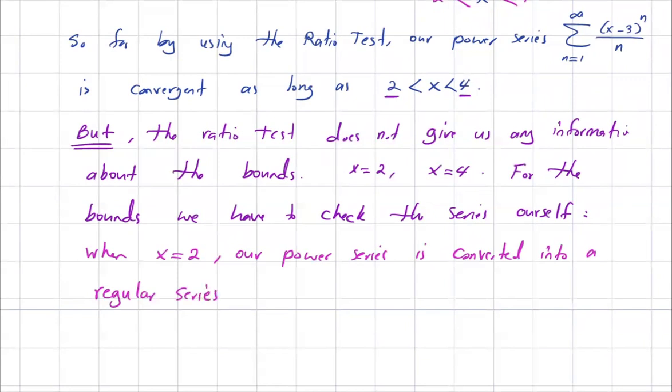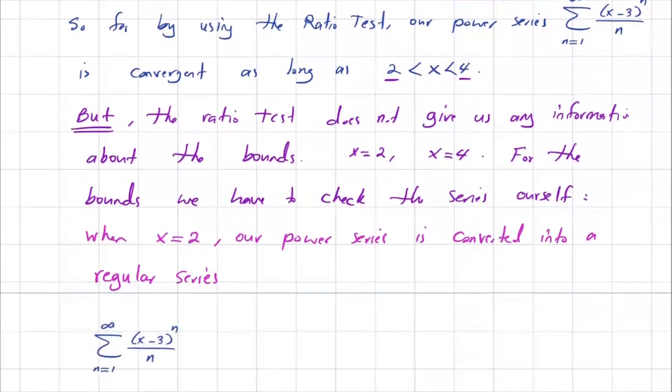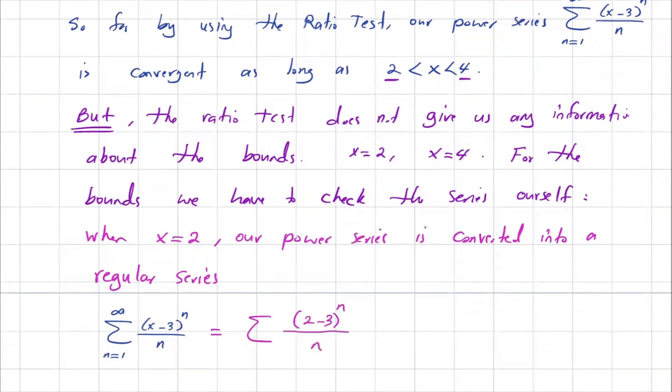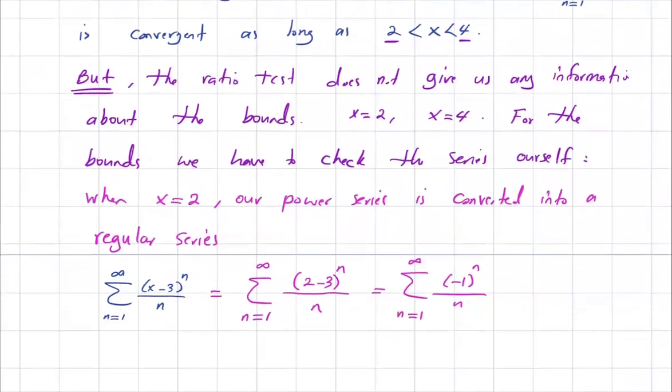So this is your power series, am I right? Now it says, hey, my x is equal to 2. Take a look. This series becomes the summation of (2 minus 3) to the power n divided by n, n starts from 1 and goes to infinity, and you end up with an alternating series from what we learned before.